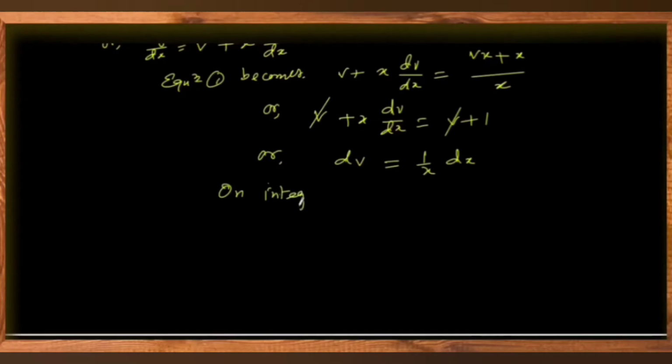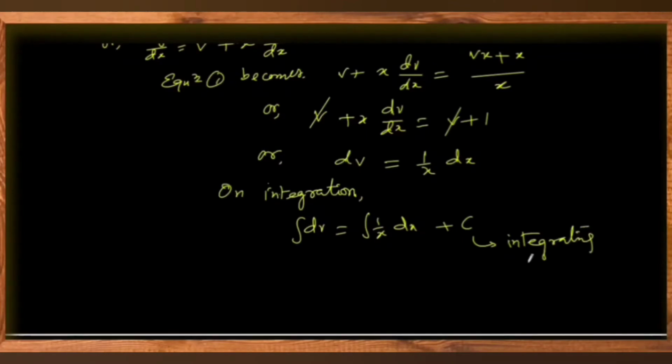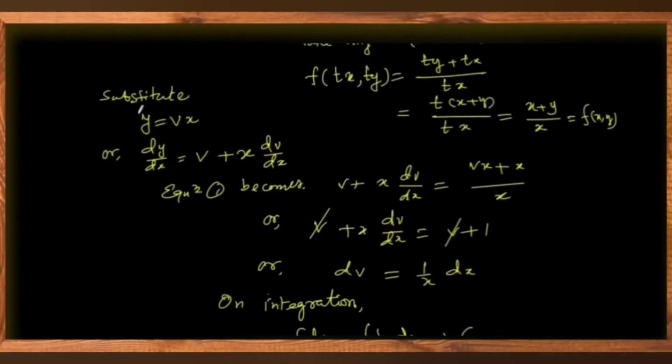On integration, what we will get is the integral of dv equals the integral of 1 upon x dx, and we have to introduce an integrating constant c. So v equals, since the integral of 1 upon x dx is log x, log x plus c, and we have to substitute the value of v from here.